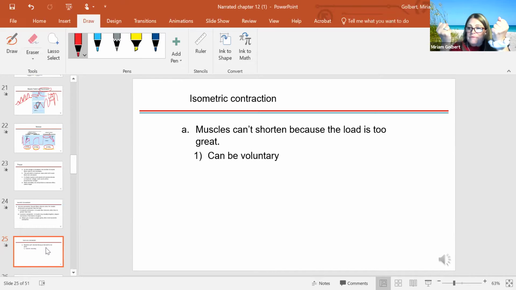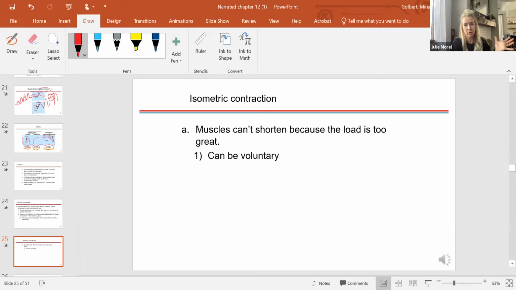You're trying to lift, which is the typical isotonic, but the load is so heavy that they're not shortening enough to lift that heavy weight. So the muscles are shortening, but at one point they start to give in. So that's why they say lengthening, but it's not an injury all the way. But they don't end up lifting whatever load.